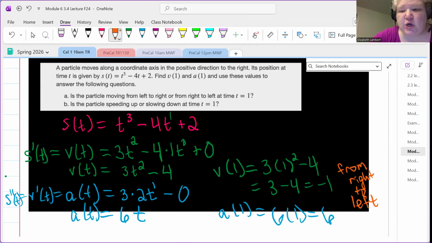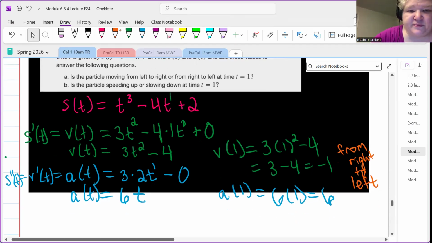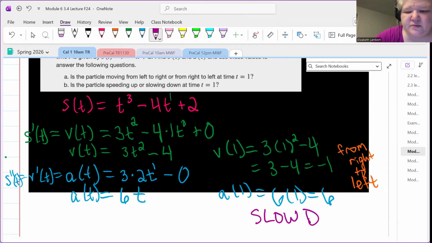So this is going to slow down. So that's how we can answer the question about, is it speeding up or slowing down at a value? We find what the velocity is at that value. We find the acceleration at that value. We compare whether they're in the same direction or opposite directions.